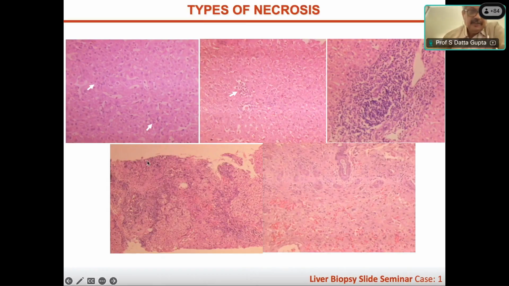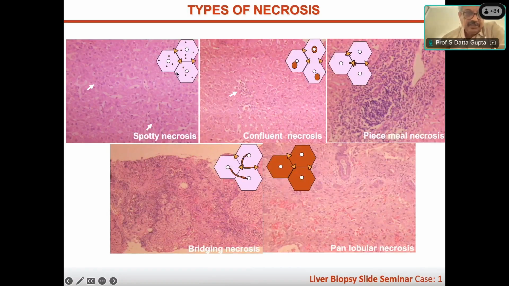Okay. Now, suppose one hepatocyte is necrosed or two hepatocytes are necrosed. It is called spotty necrosis. Now, in the liver, the common disease for which biopsy is done is acute or chronic hepatitis. Acute and chronic hepatitis are mainly viral diseases, right?